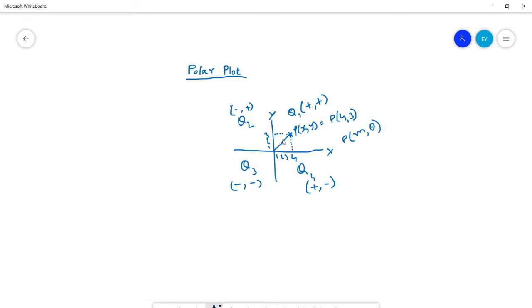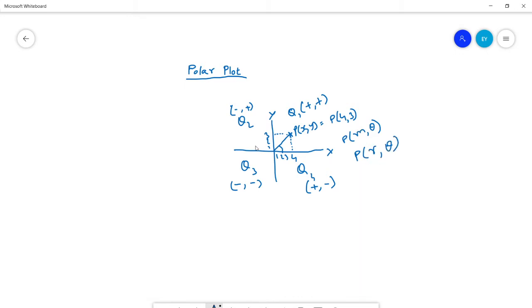When you want to represent a point in a polar plot, we need to know its distance from the origin and the angle it makes with respect to the axis. Some will call this M comma theta, some may call it R comma theta, whatever it is.